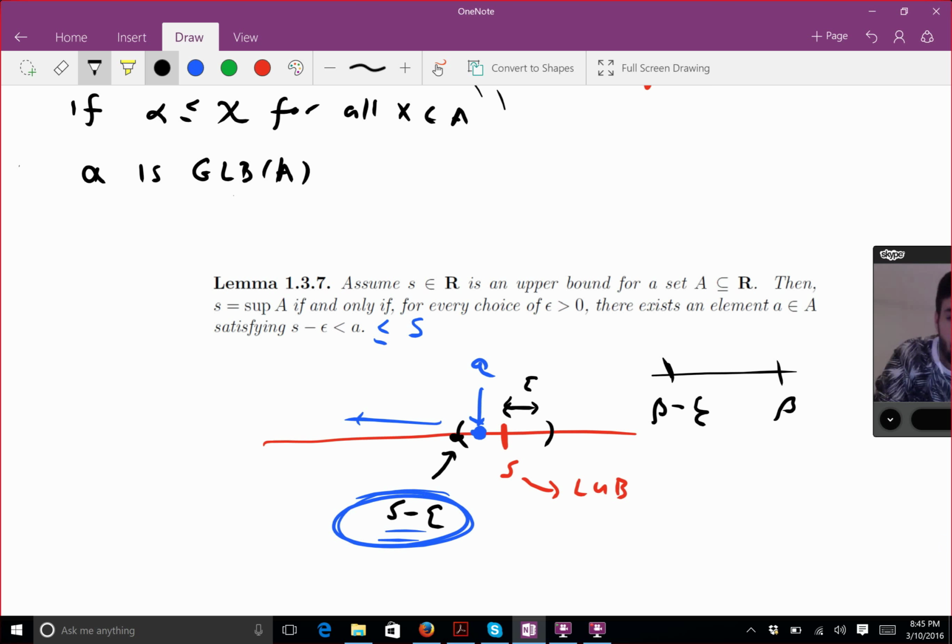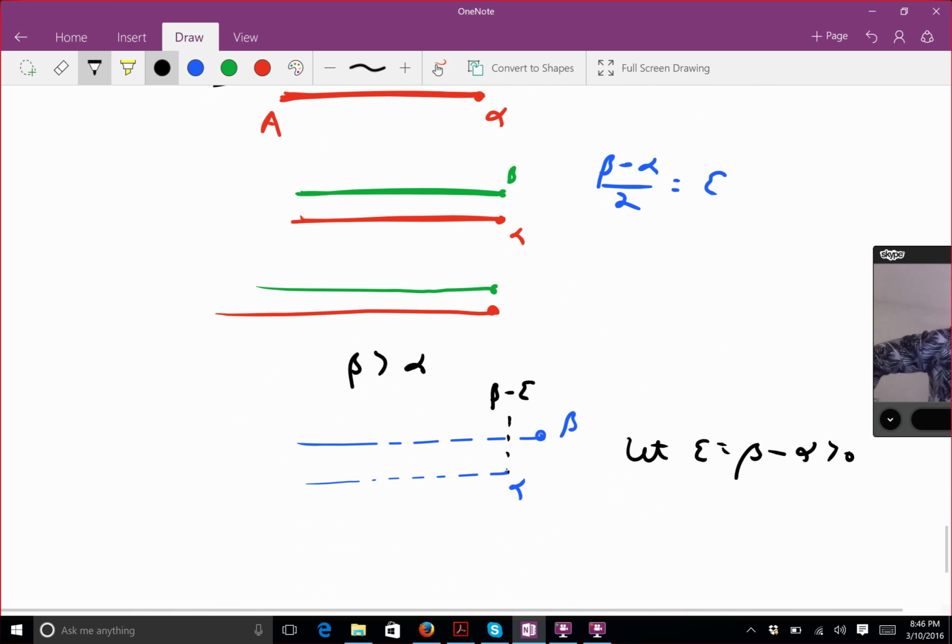It says that there's somebody in capital B, we'll call it small b, that has to lie in here, right? Now we're getting somewhere.